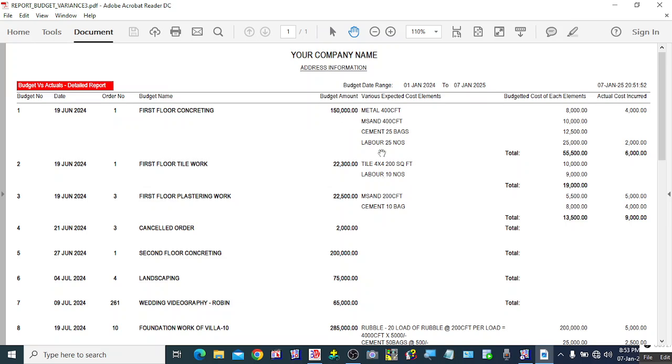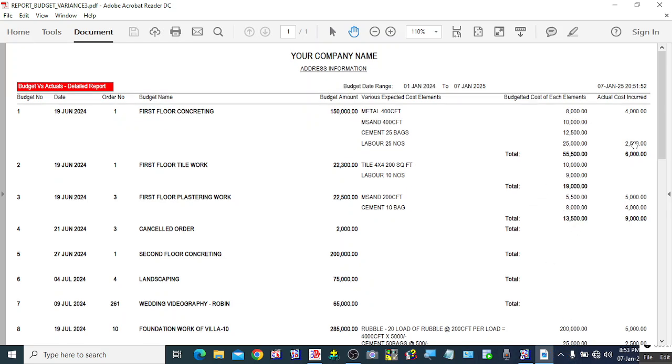Under this budget value, what are the expected cost elements that we have defined here, and for each cost element, what is the budgeted cost, that also we have declared here. And after that, against each budget cost element, how much cost is actually incurred at the moment, that we have mentioned here.